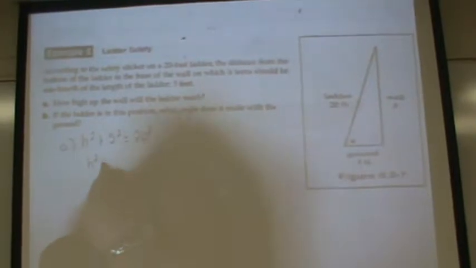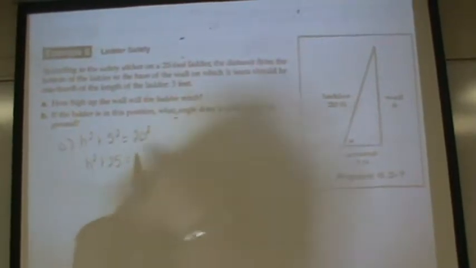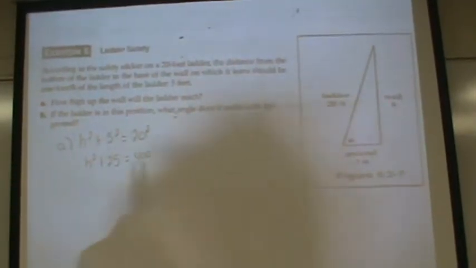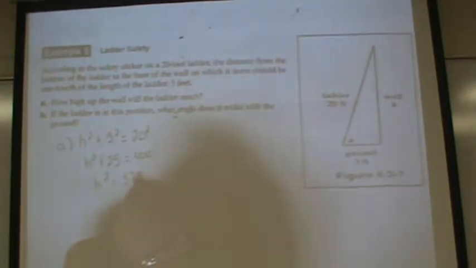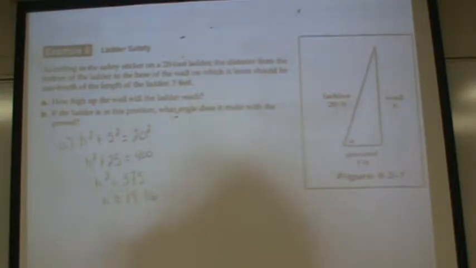And then we're going to solve for h. h is approximately 19.36, with the decimal continuing 3649. Okay, so that's what we're finding for A.